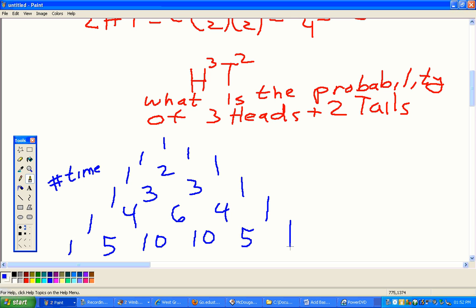If you're going to fill these in, this would be heads to the 5th, heads to the 4th, tails to the 1st, heads to the 3rd, tails 2nd, heads 2nd, tails 3rd, heads 1st, tails 4th, or tails to the 5th power. So with that, would you be able to see that the number in front of that would be a 10?